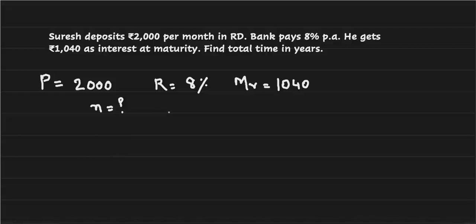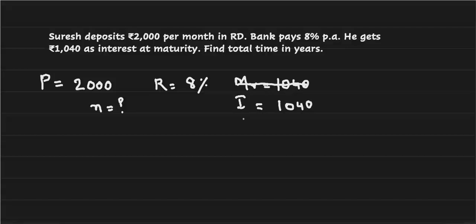Here, one more thing. Sorry, maturity value is missing here. He is getting interest as 1040. At maturity, the interest is 1040. Got it?